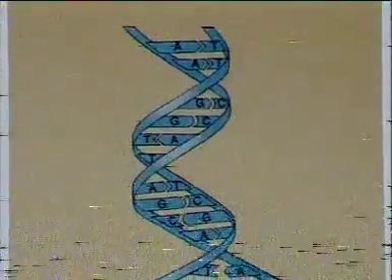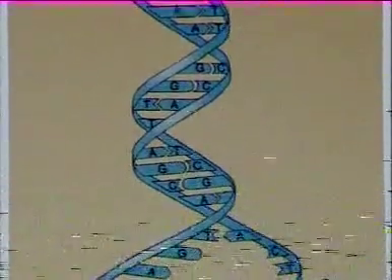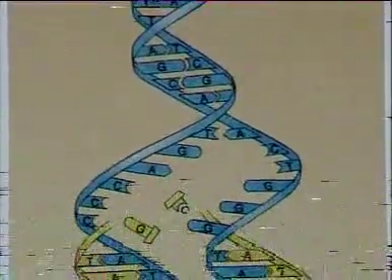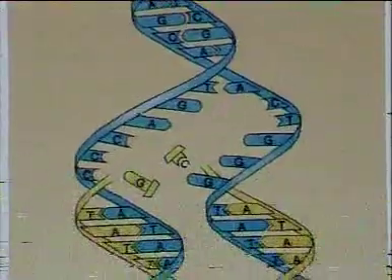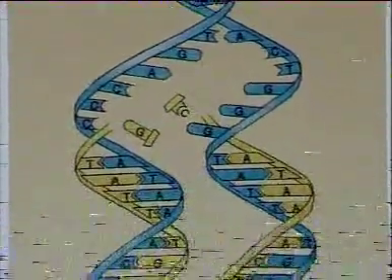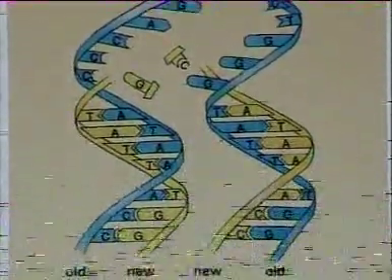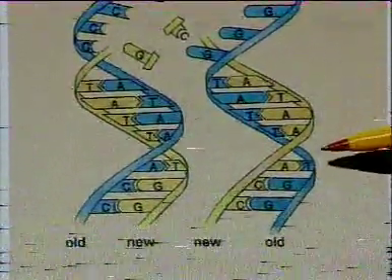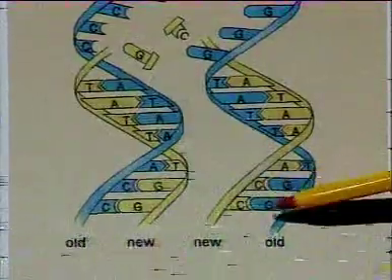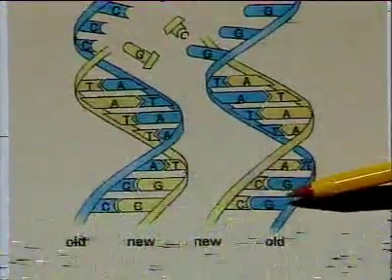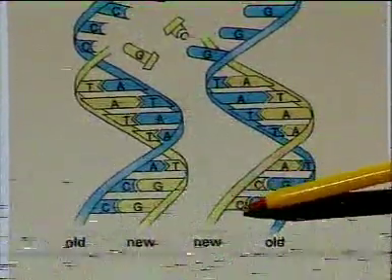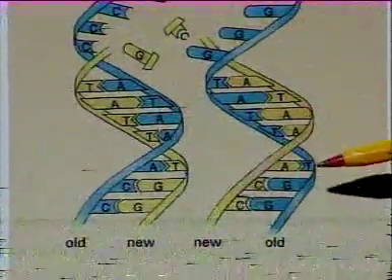The new strands are synthesized by the enzyme DNA polymerase. The DNA polymerase, taking the original strand as a template, adds complementary nucleotides to synthesize the new strand. In other words, if the old strand has TGG as its nucleotide sequence, then the DNA polymerase will add ACC to the new strand or complementary strand.